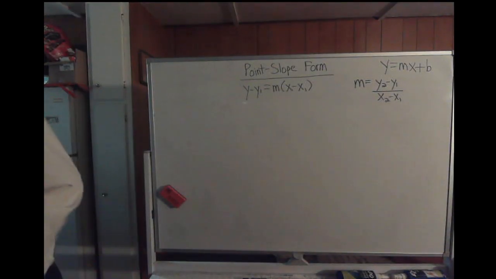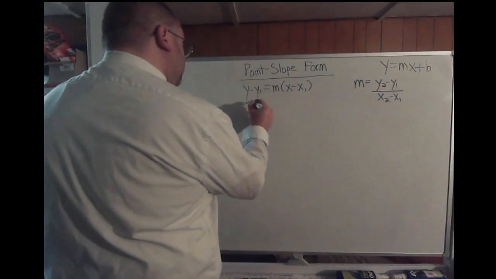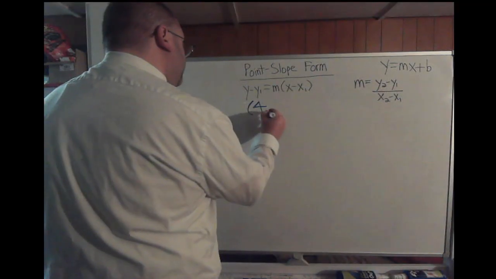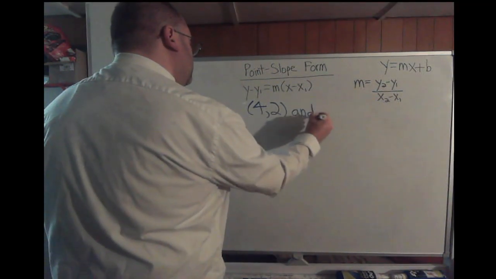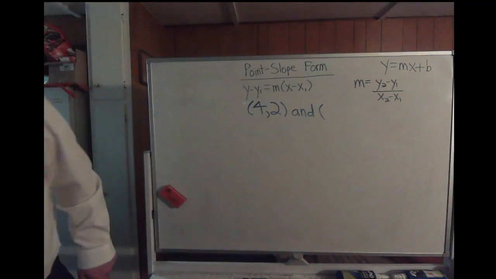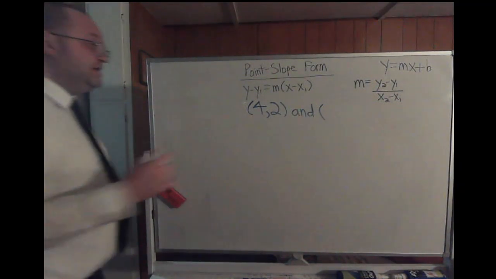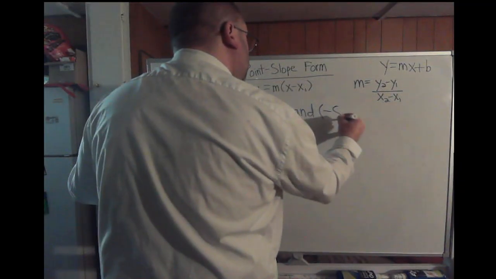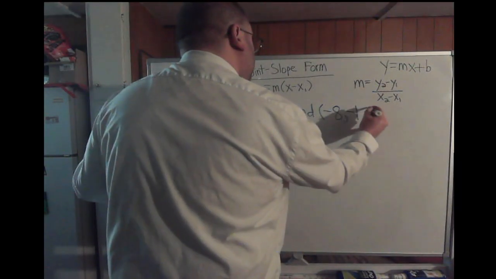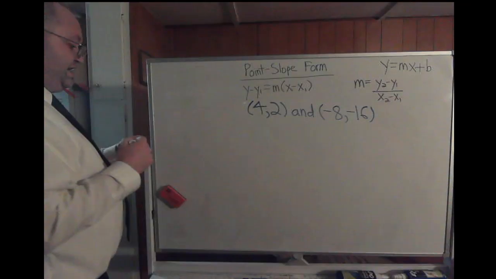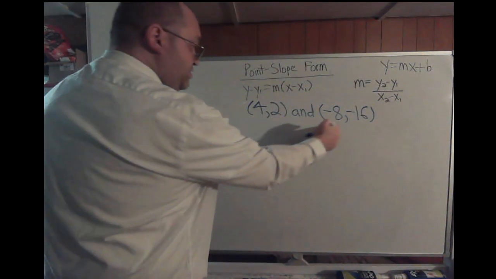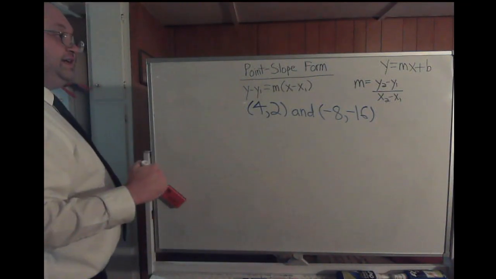Alright. 3 more. This time, we have the ordered pairs 4, 2, and negative 8, negative 16. So we need to find the slope-intercept form equation of a line running through the ordered pairs 4, 2, and negative 8, negative 16.